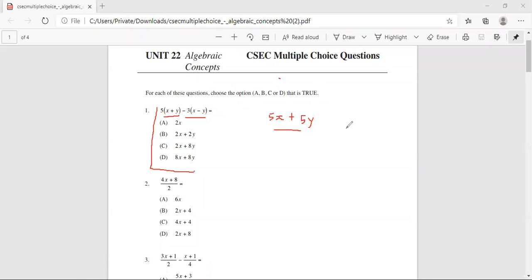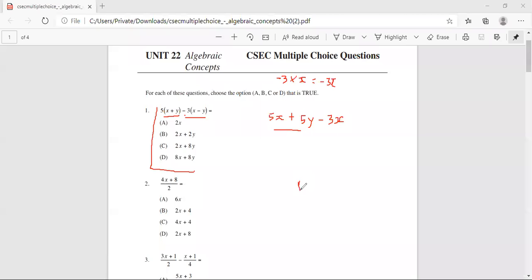multiplying x, what do we get? Minus 3x. Negative 3 times x will give me a negative 3x. Right? So here will be a negative 3x. Then we have the negative 3 multiplying y, what do we get? Minus y. Exactly. We multiply by y. So we know this is the rule.